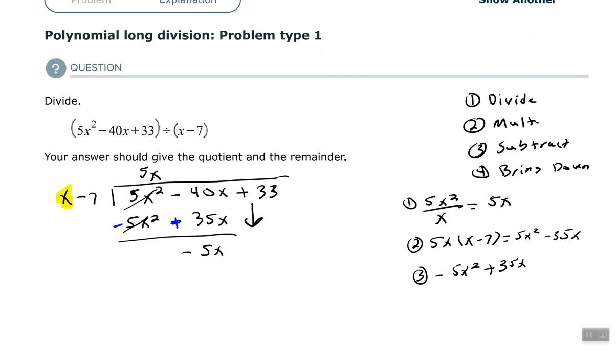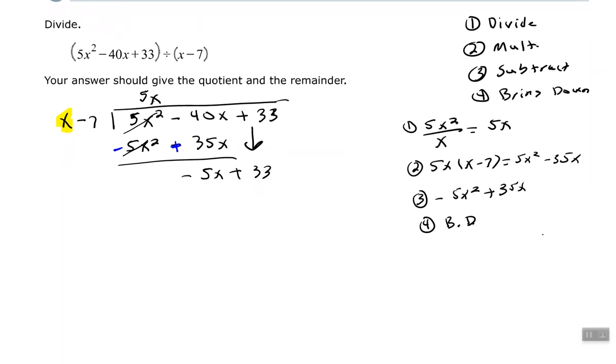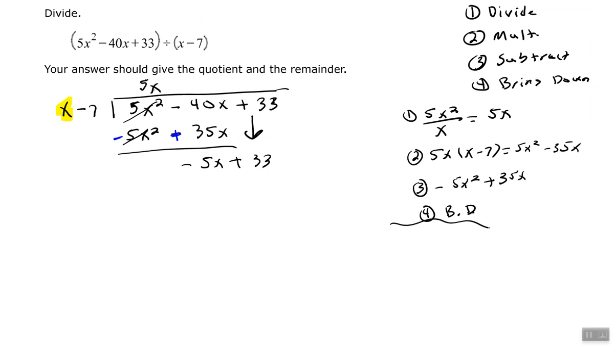And then the fourth step is the bring down. Okay. So that's one round. After you get through with that, if you're not done, you need to start the process over. So now we'll be looking at the negative 5x plus 33.